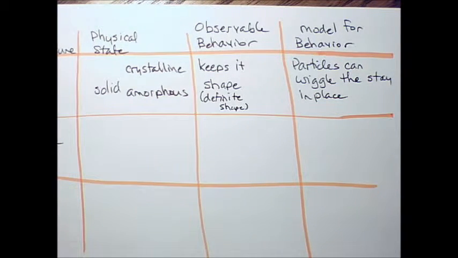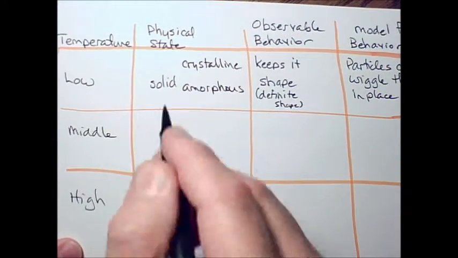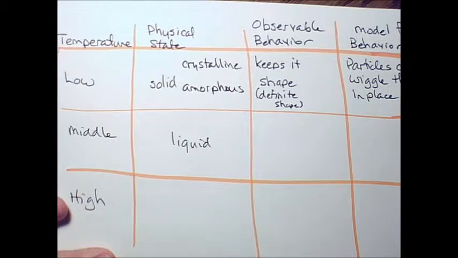All right, so the middle range then, if we raise the temperature enough, we're going to get a liquid. When we observe a liquid, how can we tell it is a liquid? What kind of behavior tells us? It does move, but that's not the critical thing, because we can move a solid. It takes up the shape of the container, but so do gases. What's the difference?